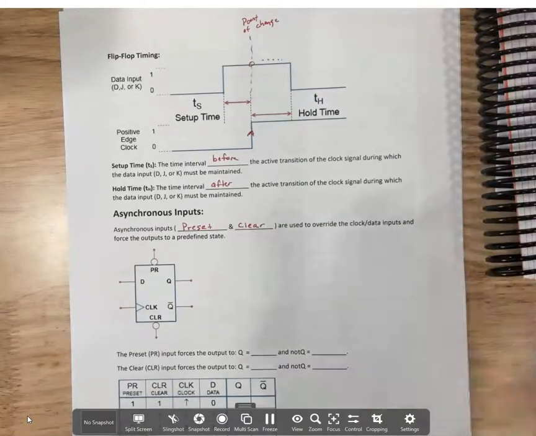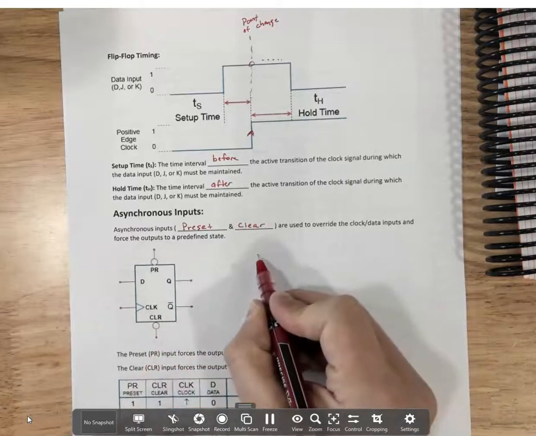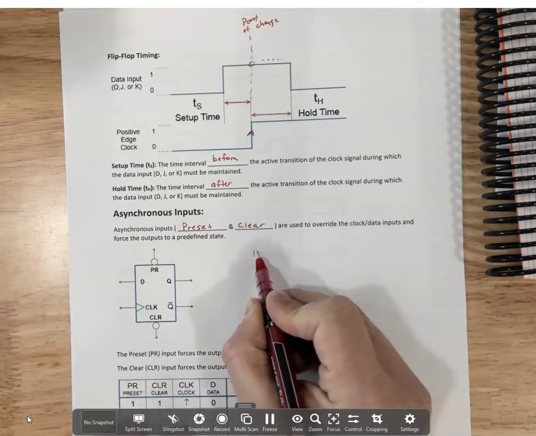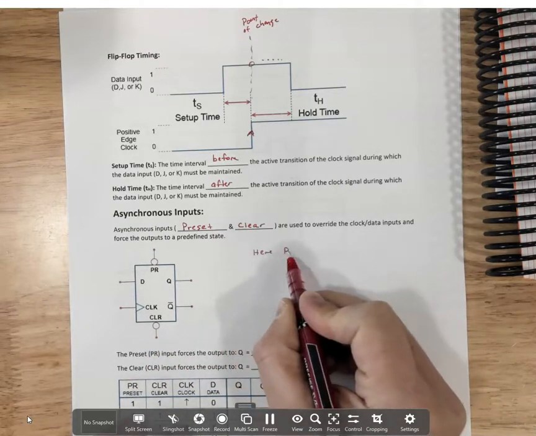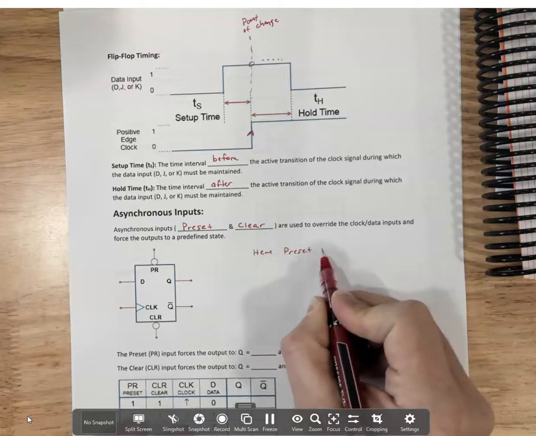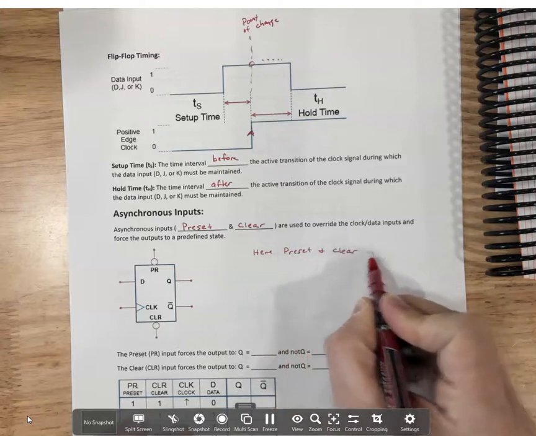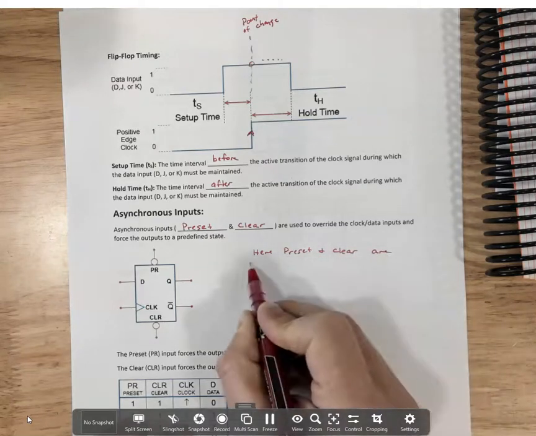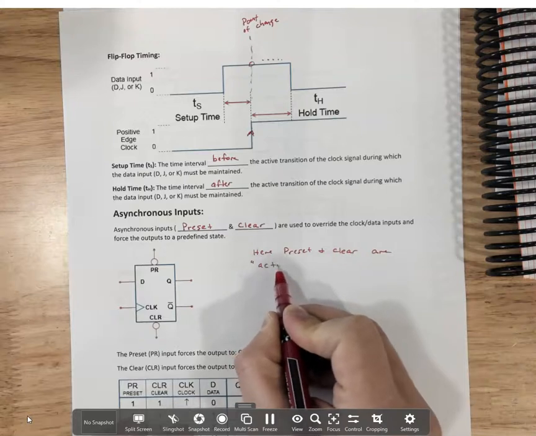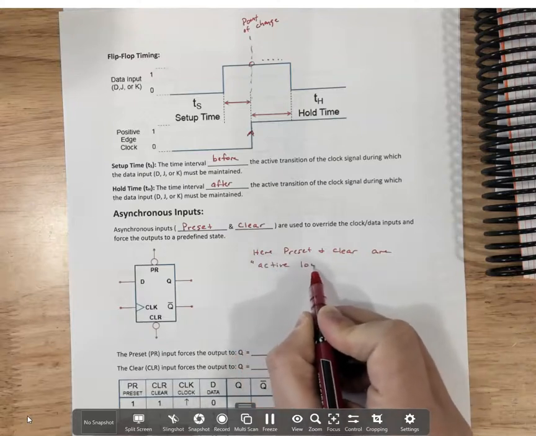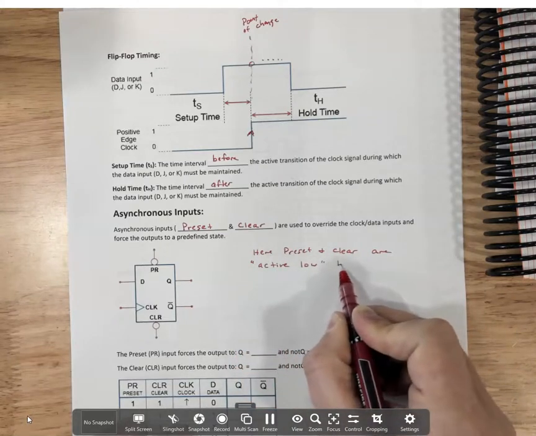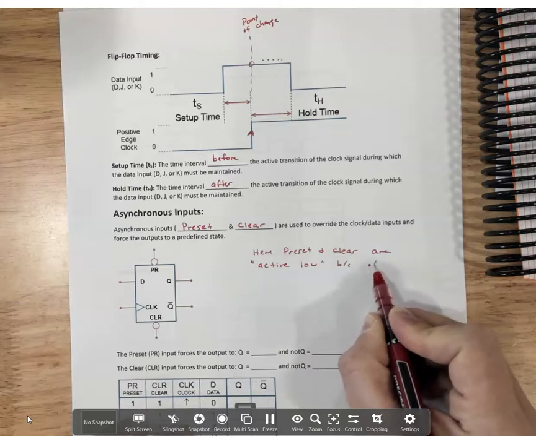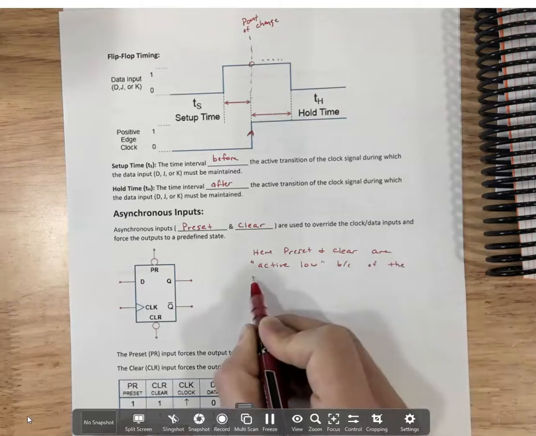So in this case, I'm going to make a note that preset and clear are active low because of the inverters.